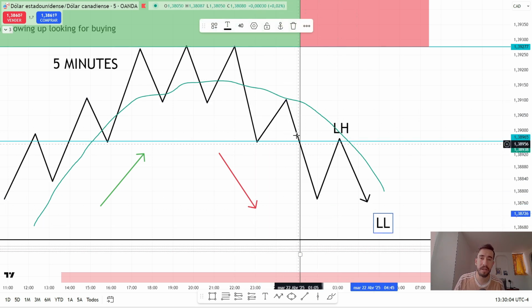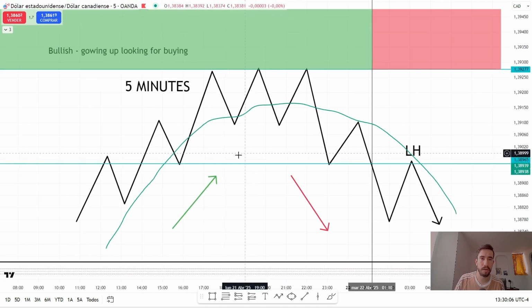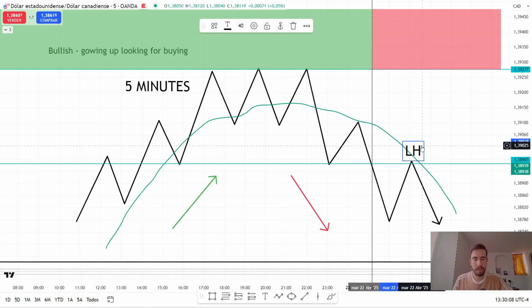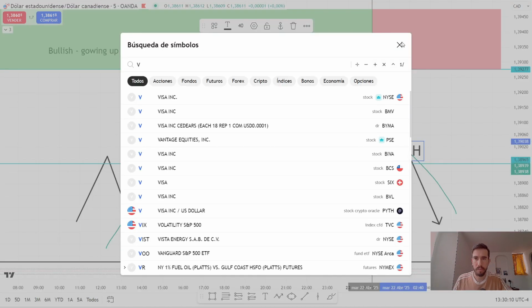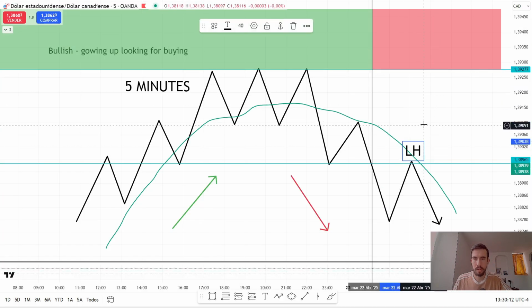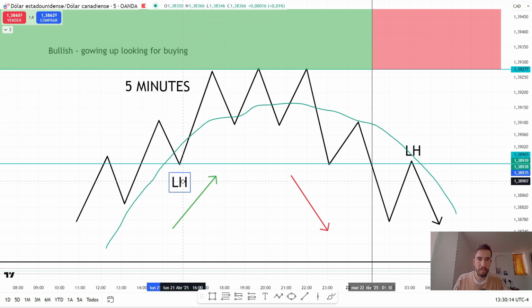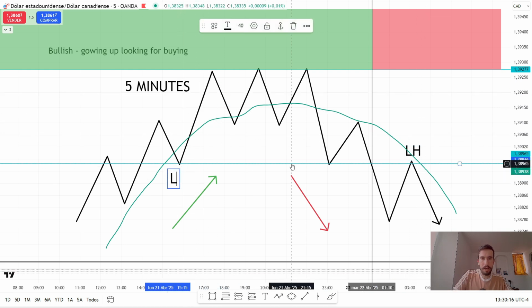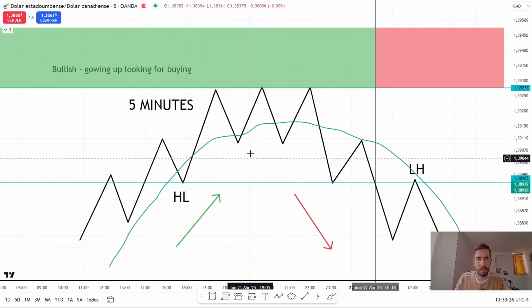Once you break the lower time, let's put the letters of the previous one. Oh, sorry. So remember, this was the lower high, no, higher low, sorry. This was the higher high.